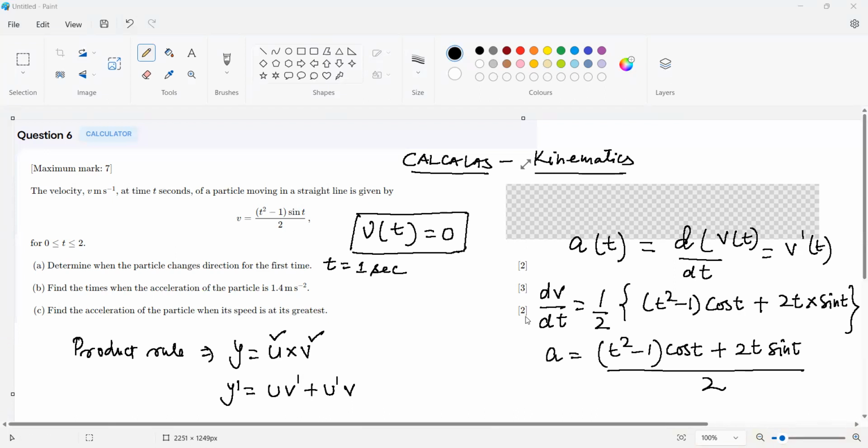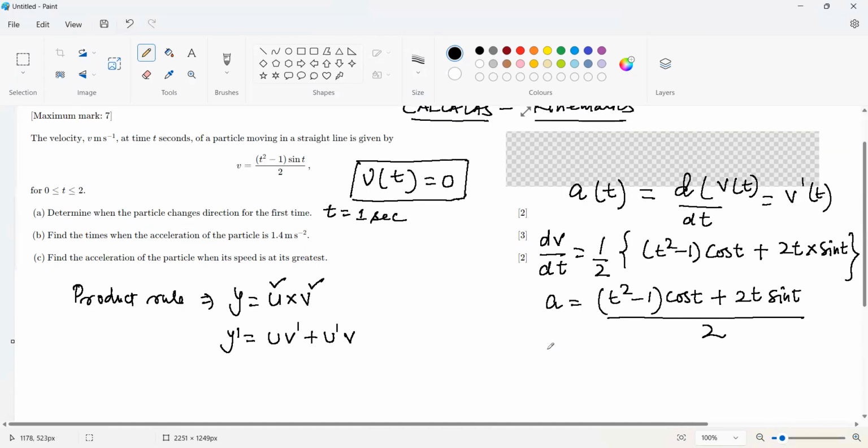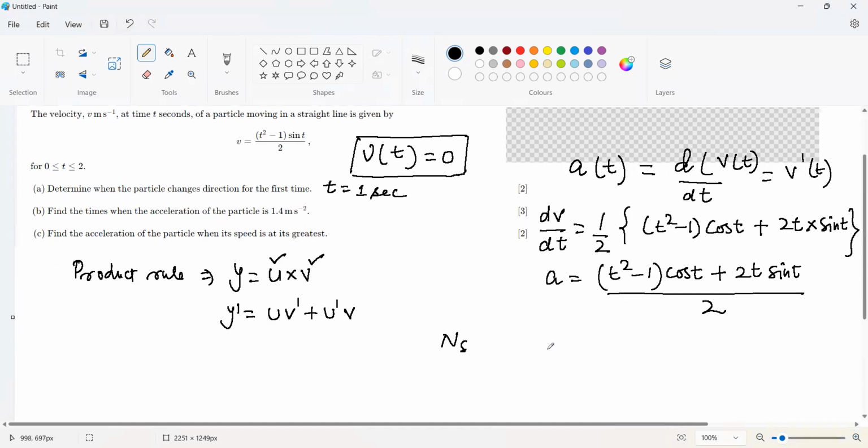Now the question is to find the times when the acceleration of the particle is 1.4 meter per second per second. So when the acceleration becomes 1.4, you can again use the numeric solver, where a is 1.4 and that's equal to (t square minus 1) cos t plus 2t sine t over 2.